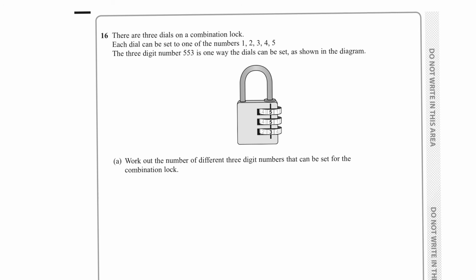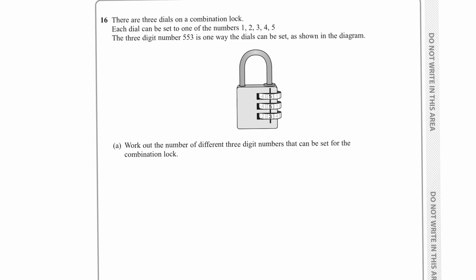Now it says that there are 3 dials on a combination lock, and each dial can be set to one of the numbers 1, 2, 3, 4, and 5. The 3-digit number 553 is one way the dials can be set as shown. It wants us to work out the number of different 3-digit numbers that can be set for the combination.